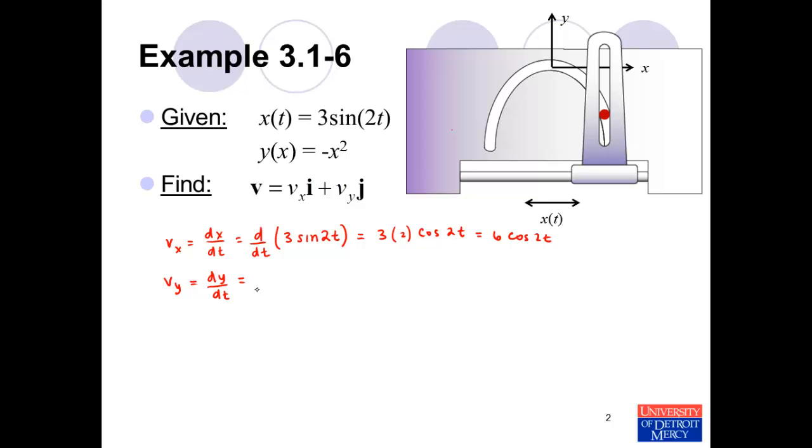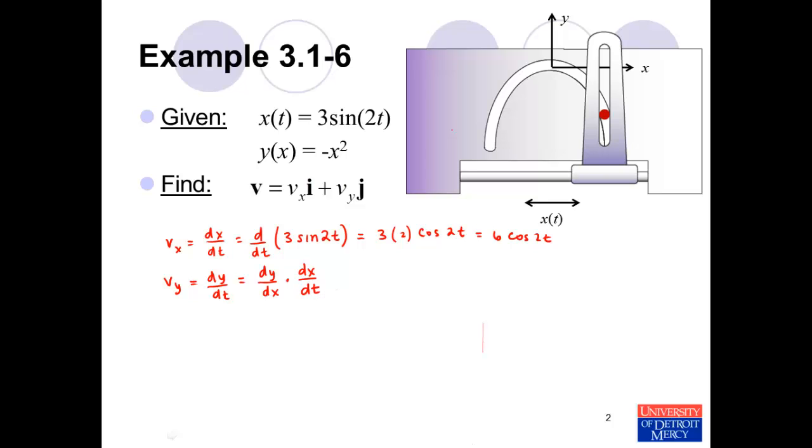And so in order to determine what the derivative of y is with respect to time, we can use the chain rule again. And one way to think of the chain rule is in this manner. We can think of how y changes with respect to t as how y changes with respect to x times how x changes with respect to time.